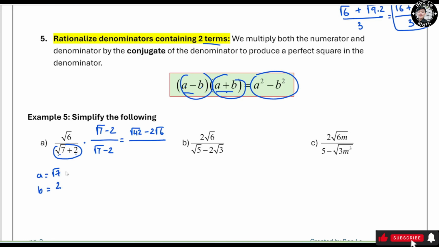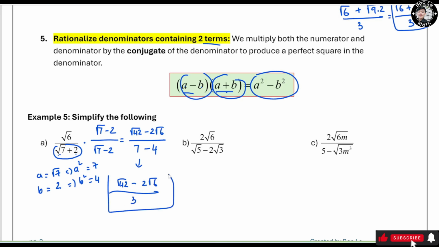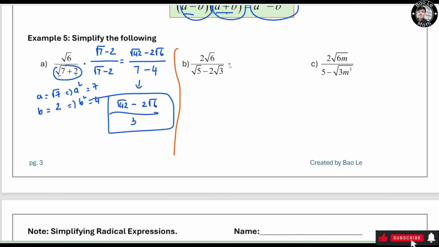So if you square this one, a squared equals 7, b squared equals 4, right? So it is 7 minus 4, right? So this guy turns out to be root 42 minus 2 root 6 over 3, right? Question B. We're going to multiply the top and bottom by root 5 plus 2 root 3, right?